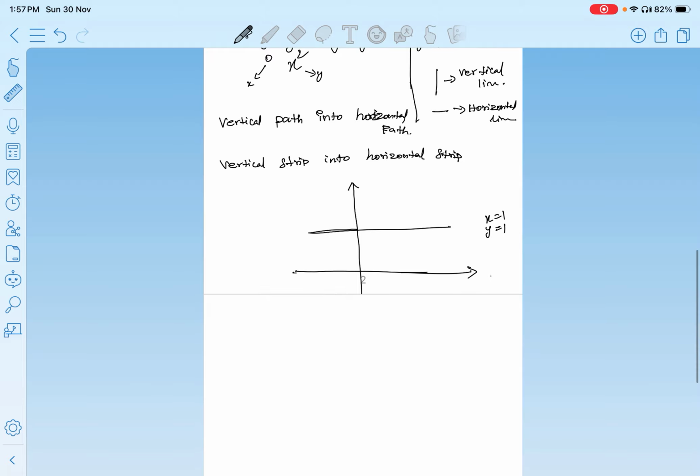And this is your y equal to 0 as well as x equal to 0. So the vertical thing we have changed into a horizontal one. All the remaining things are going to be the same.